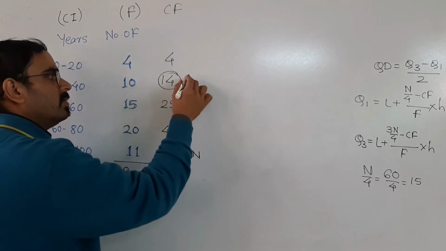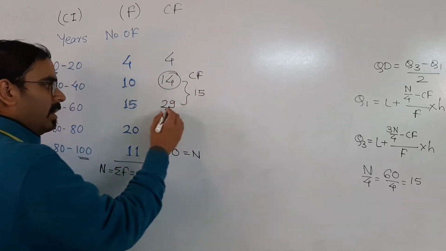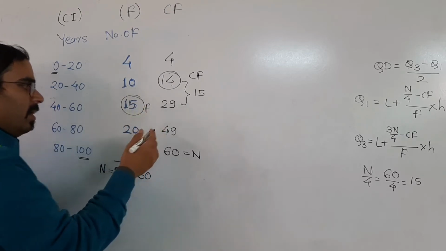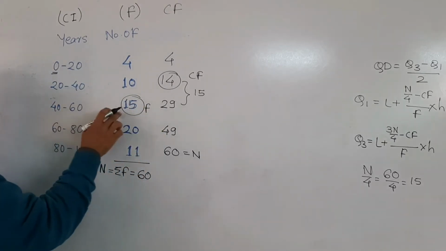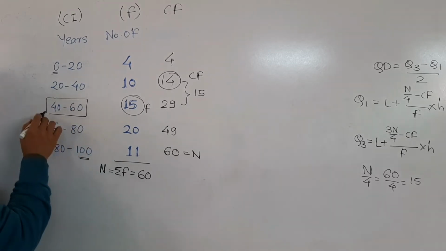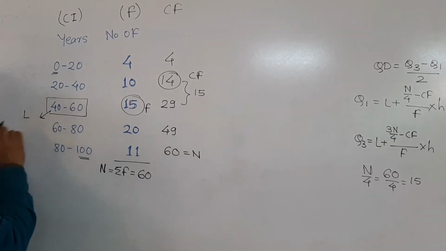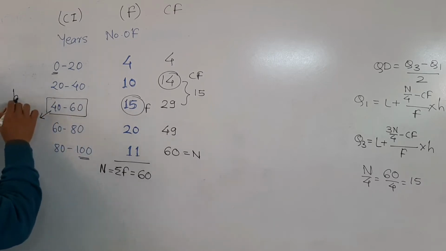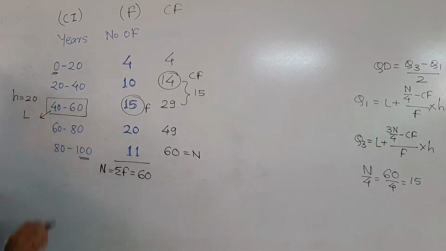So obviously it will be your Cf, and in the F column it will be your frequency. In the same way you go left-hand side, and that will be your class. So this value will be your L. And the height of the class, 60 minus 40, is H. That will be 20.